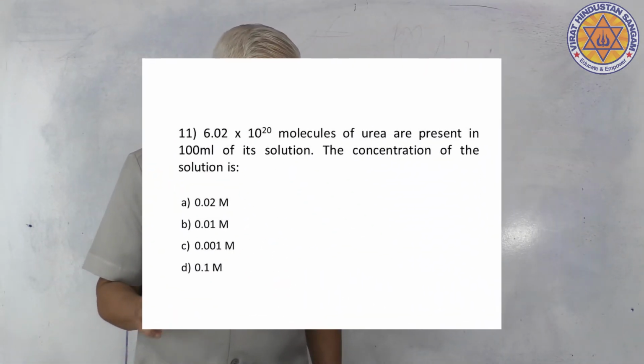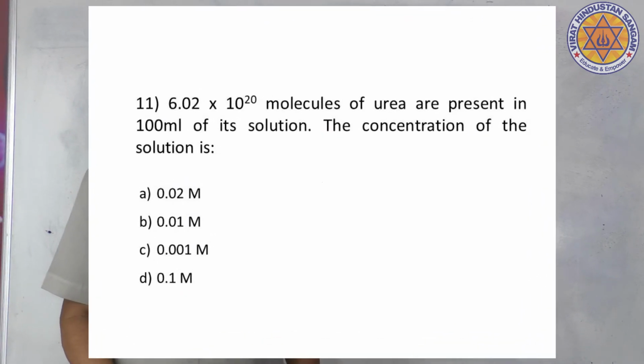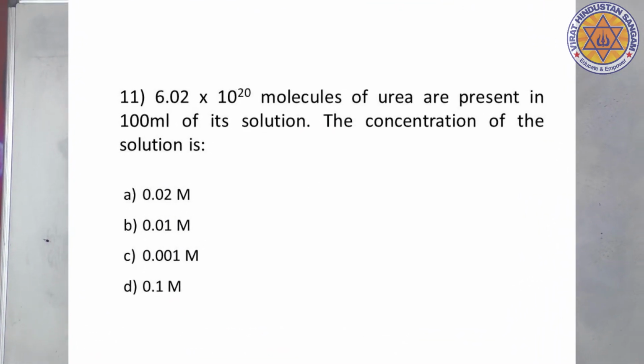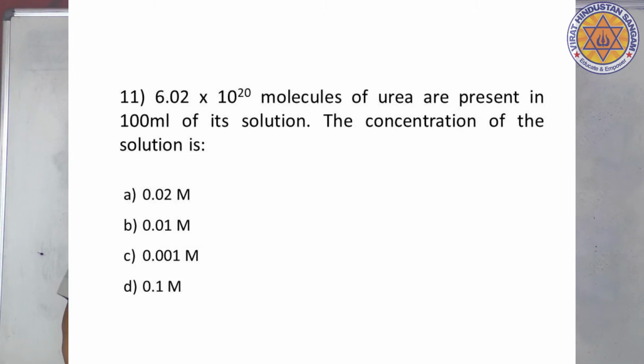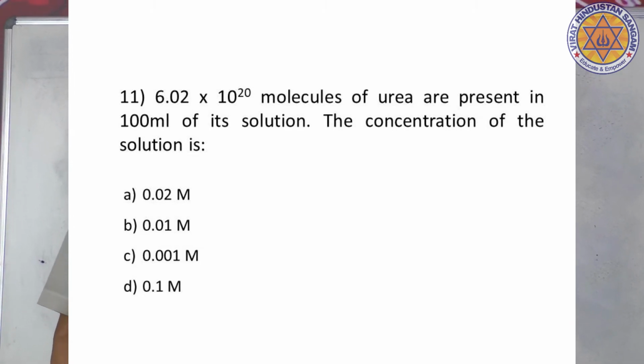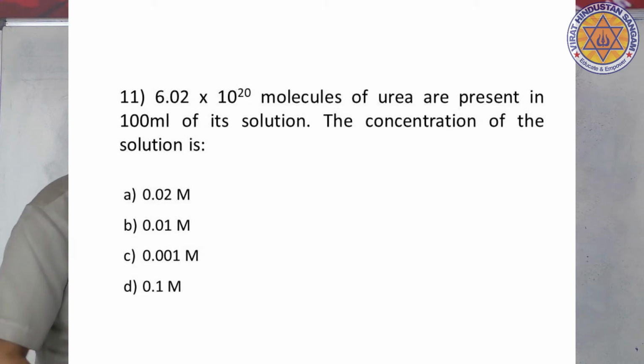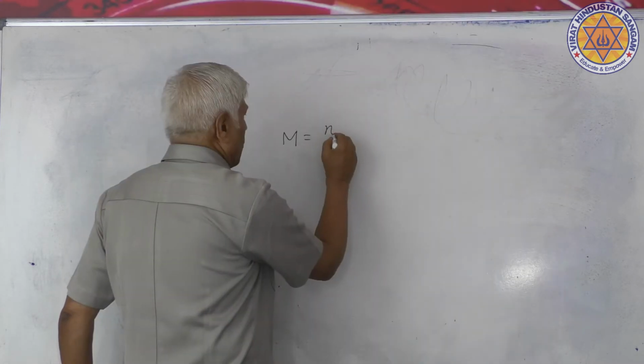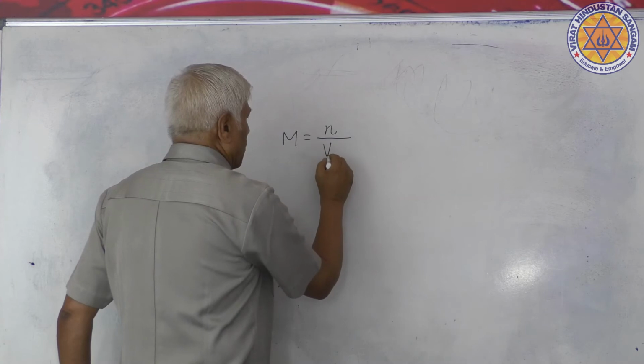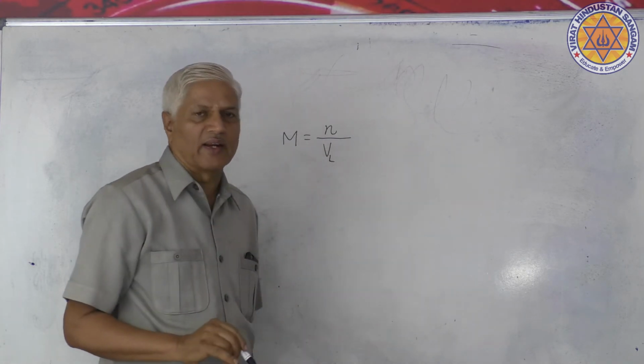Yes. Question number 11 has appeared on the screen. Read it. This question has been taken from the very first chapter of first PUC Physical Chemistry, Basic Concepts. You have been asked to work out molarity of the solution. Yes, recollect, molarity is number of moles divided by volume of the solution in liters.